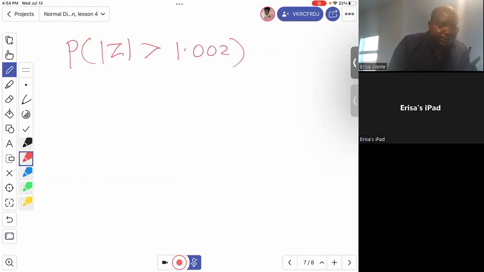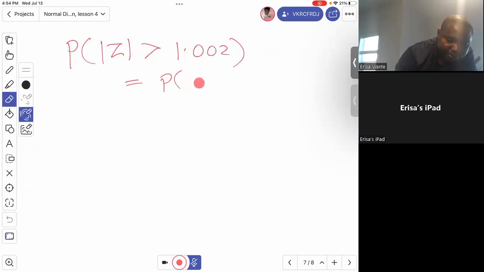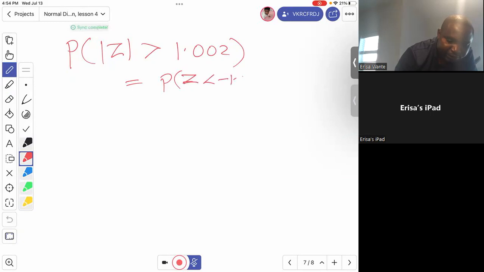This is going to be the probability of Z less than minus 1.002 plus the probability of Z more than 1.002.